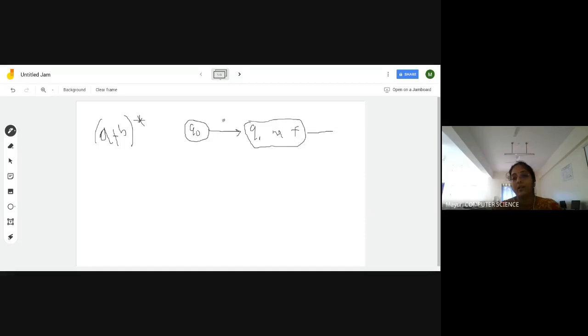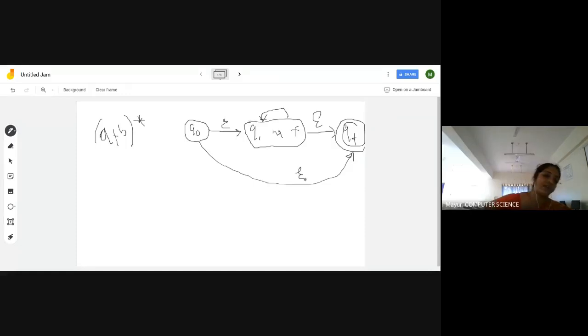And take this as epsilon. Maintain a self loop, and take a final state QF. So here also you have an epsilon. You go to the final state on epsilon.